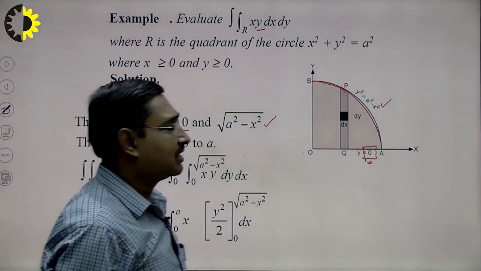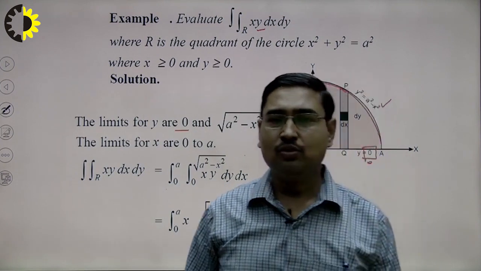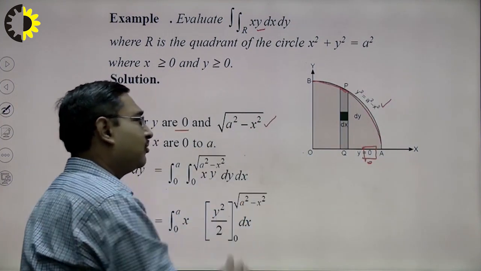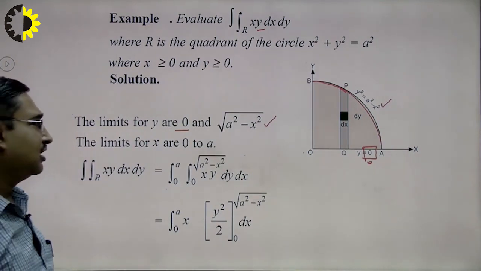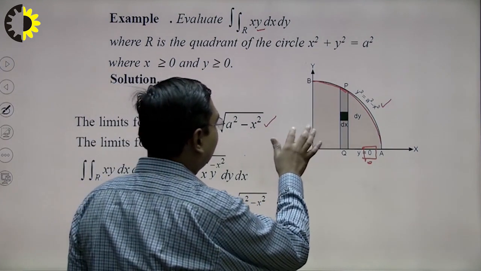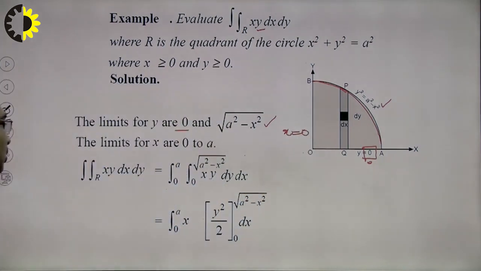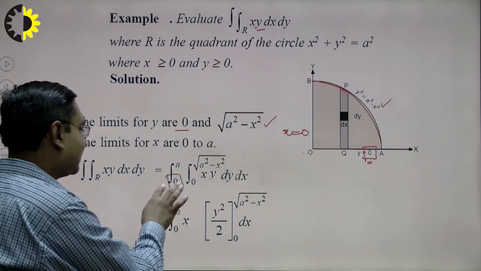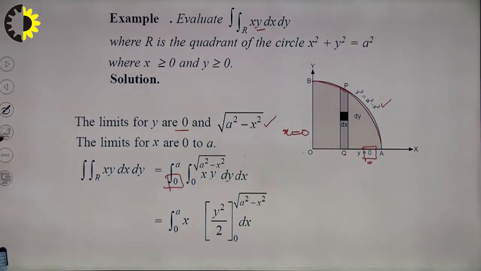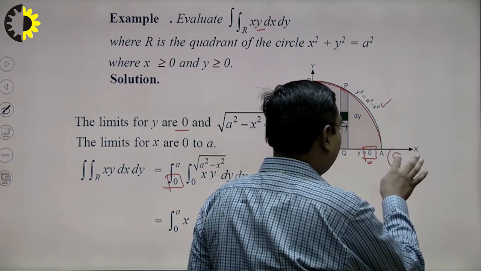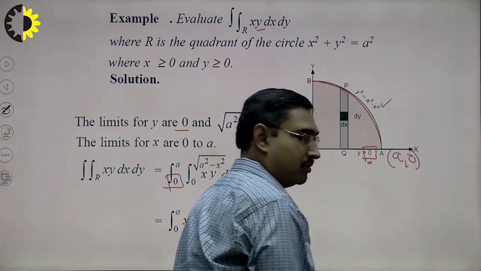For limits of x, we shall not use equations, we shall use only endpoints of the region. The leftmost point of the region, however it is not unique, will be lying on this line x equal to 0, and therefore, the x value at the leftmost point is 0. It became the lower limit. The rightmost point of the region is (a, 0).